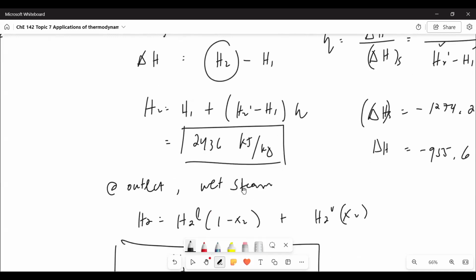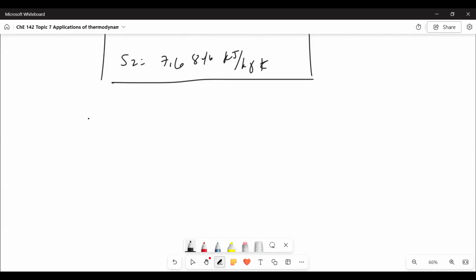The next thing to solve is m. So how do we solve for m? Well, if we have delta H, delta H is in kilojoules per kilogram, and work is in kilojoules per second, because that's watts, right?